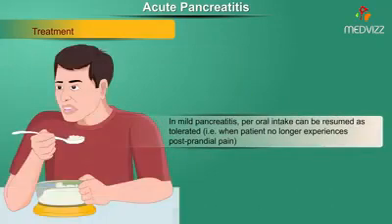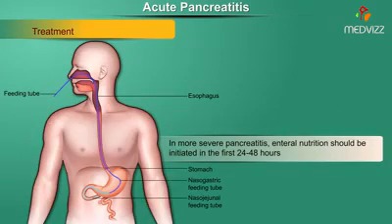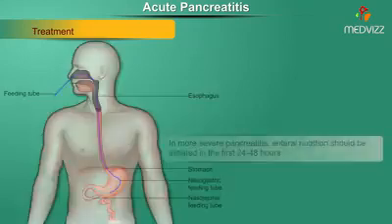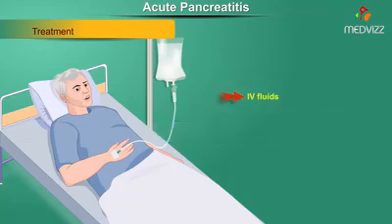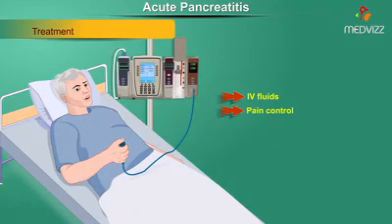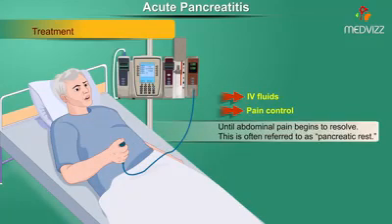In mild pancreatitis, per-oral intake can be resumed as tolerated, that is, when the patient no longer experiences any postprandial pain. In more severe pancreatitis, enteral nutrition should be initiated in the first 24 to 48 hours. No food or fluids are to be consumed orally, which is NPO, with IV fluids and pain control until abdominal pain begins to resolve.